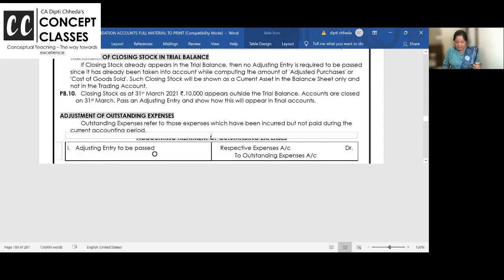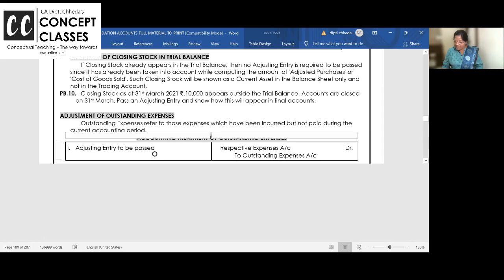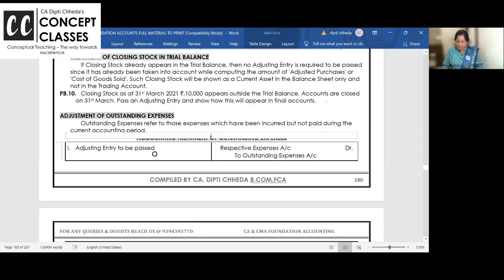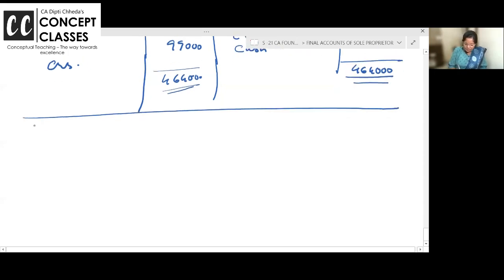Clear to all of you? Right. Like they have given this example. Closing stock is 10,000, appears outside the trial balance. Accounts are to be closed, pass the adjustment entry and show how it will appear. One concept, one adjustment we are doing right now. Go to your notebooks and write down the way I am writing.